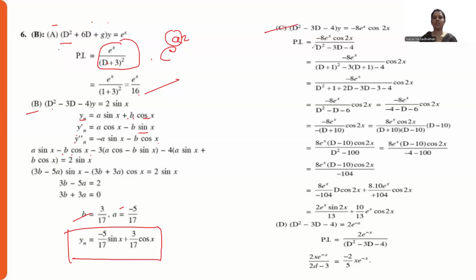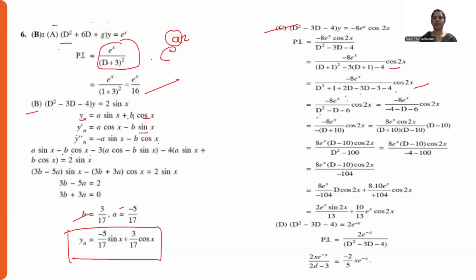Now for option C, we are again using the shift rule. So you have minus 8 e to the power x cos 2x over D square minus 3D minus 4. So I have minus 8 e to the power x over (D plus 1) whole square minus 3 into (D plus 1) minus 4, into cos 2x. That is minus 8 e to the power x over D square plus 1 plus 2D minus 3D minus 3 minus 4, into cos 2x.